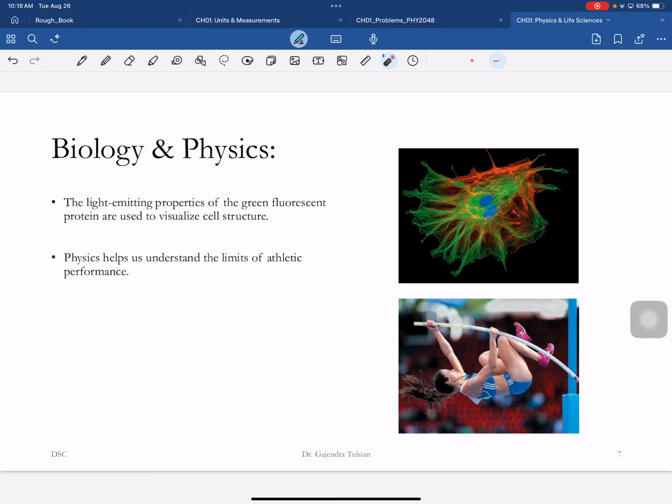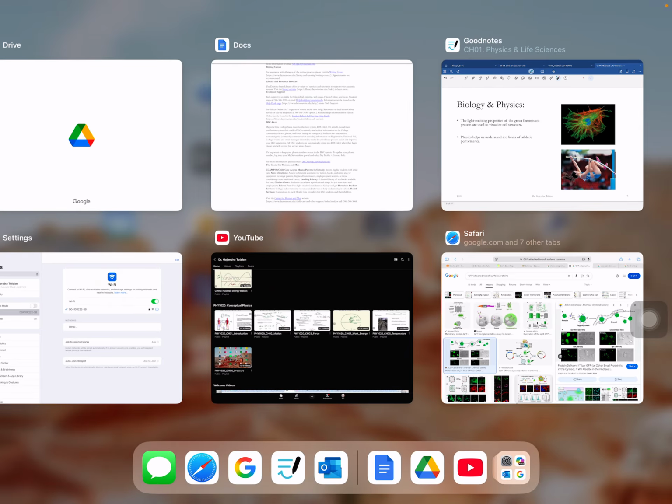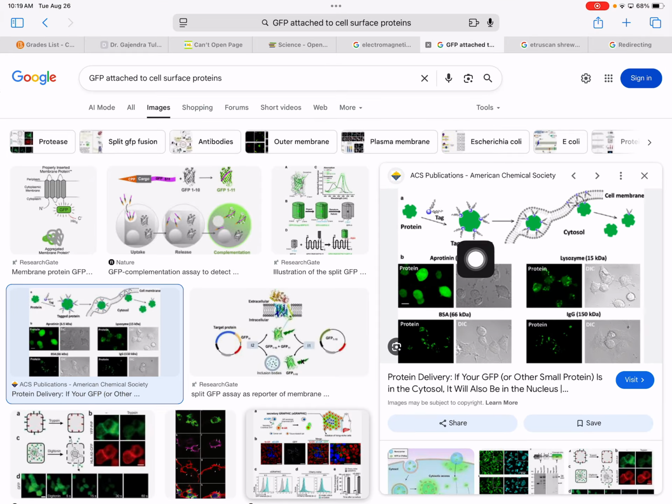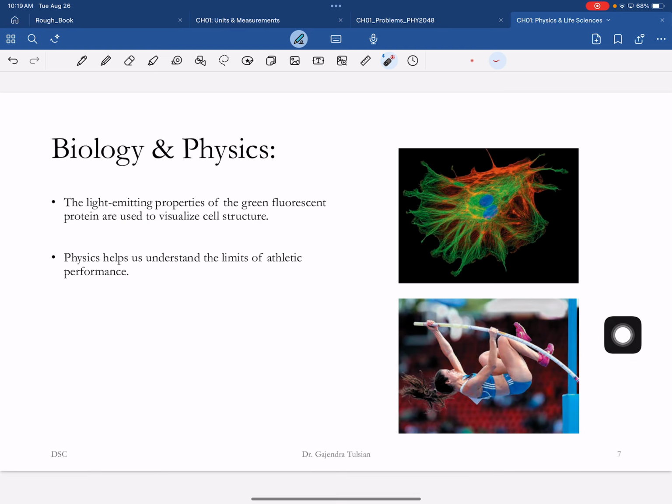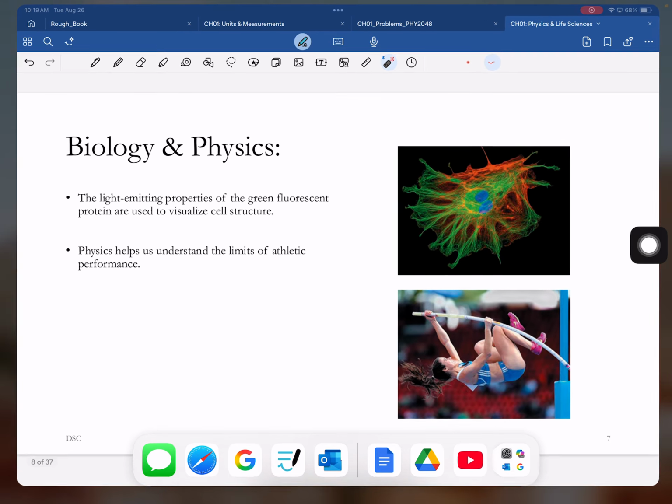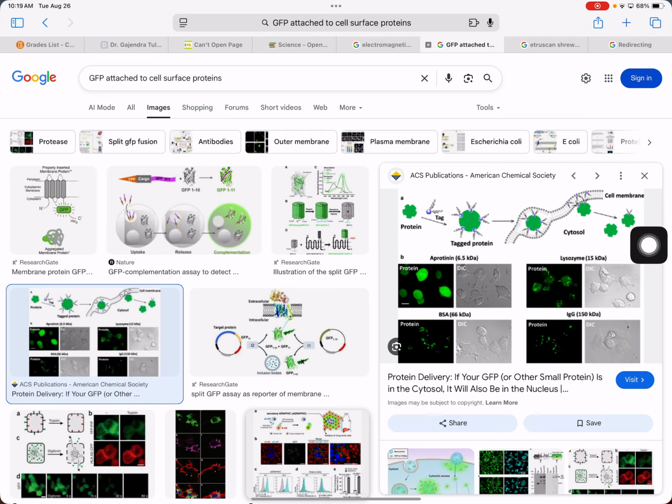All right, so remember what we did? What are we trying to do? I don't want to lose you guys. We are trying to understand this image. That image was an image of, let's say, some kind of protein and the location of those proteins.